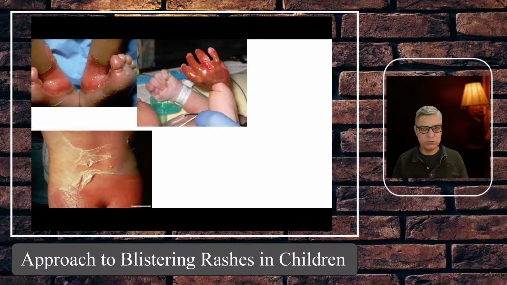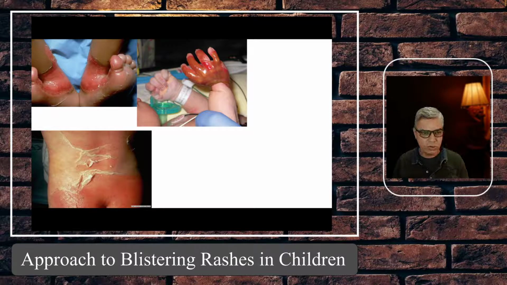So if you try to culture the fluid from these bullae, you won't find the staphylococci themselves, because it's not the staphylococci that cause it, it's the exfoliative toxin. So this is the staphylococcal scalded skin syndrome picture.